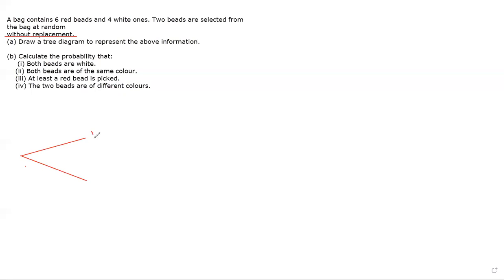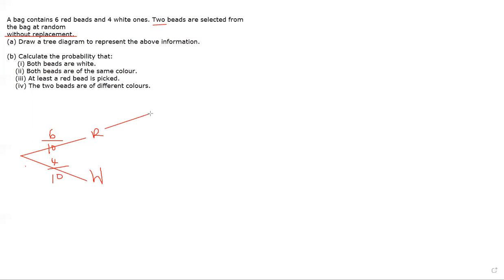So we have red, white. We have 6 red, but the total is 10. 6 plus 4, 10. We have 4/10. Now, because they have talked of the word 2 here, it means they are going for 2 selections.